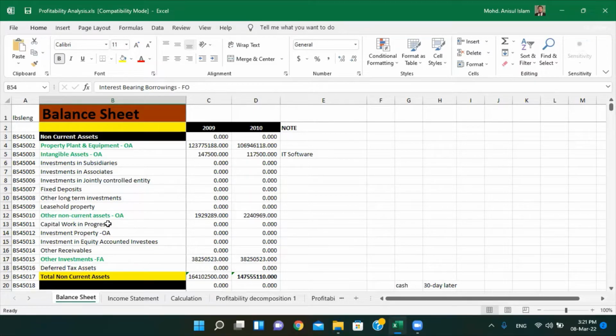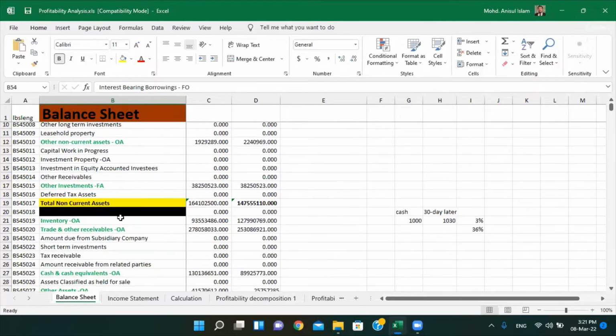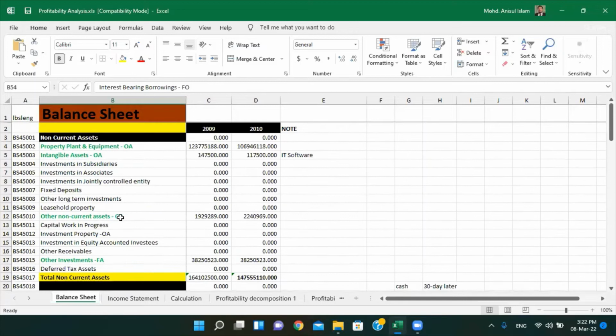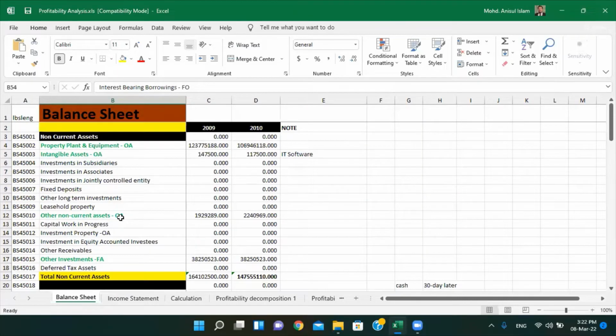But you see the presentation of the balance sheet is somewhat different from the presentation in the annual report, where the financial statements are given. This is a file which is from the Lanka Bangla financial portal.